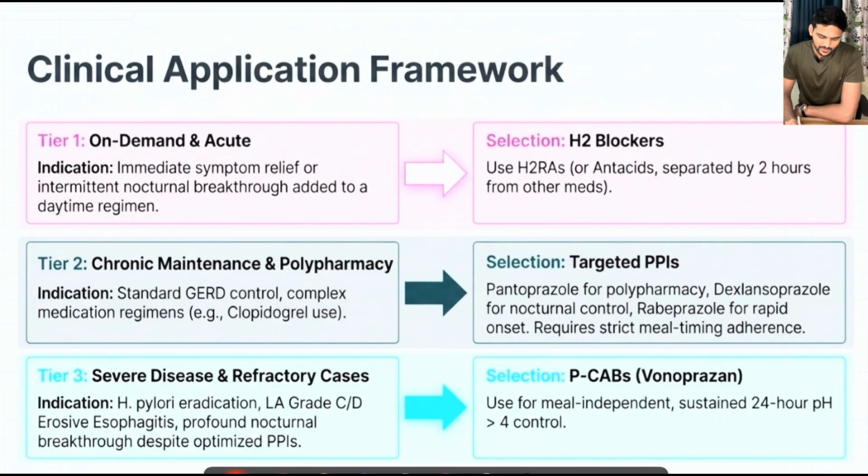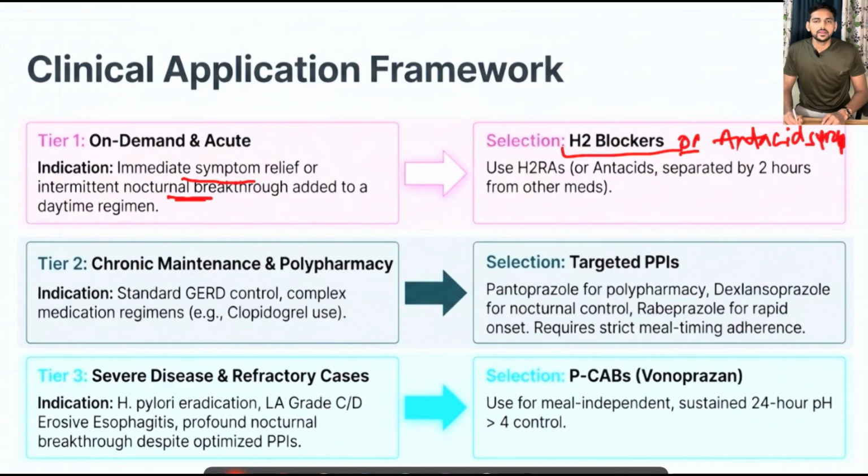So overall, in summary, we can say whenever there is immediate symptom relief requirement or intermittent nocturnal breakthroughs, we have to choose H2 blockers or other antacid syrups. And if the individual is already taking some other group of antacids, both of these should be separated by minimum 2 hours.